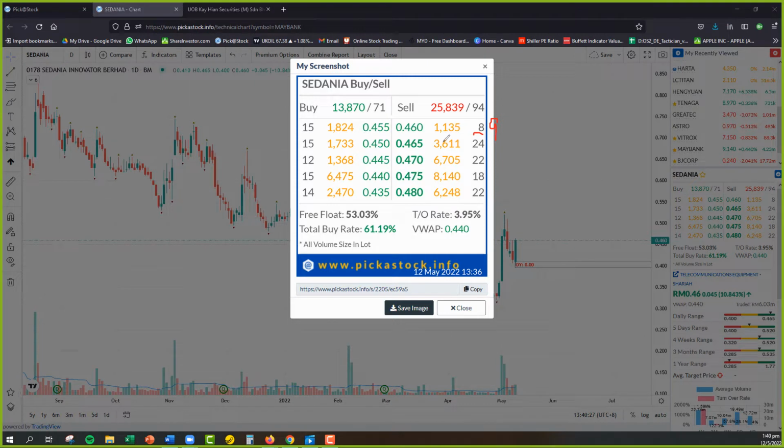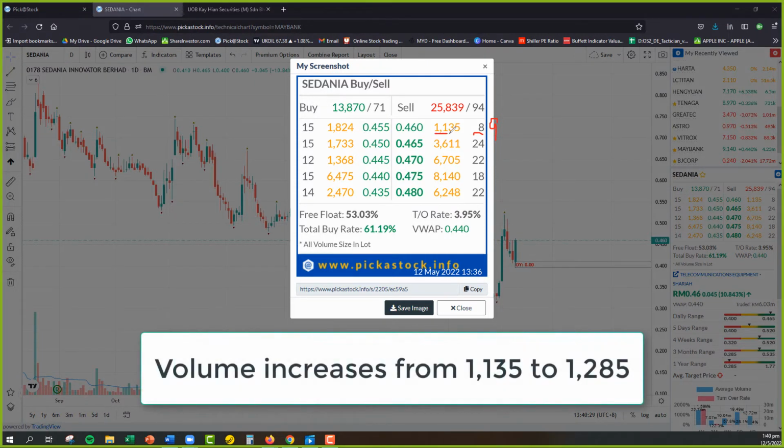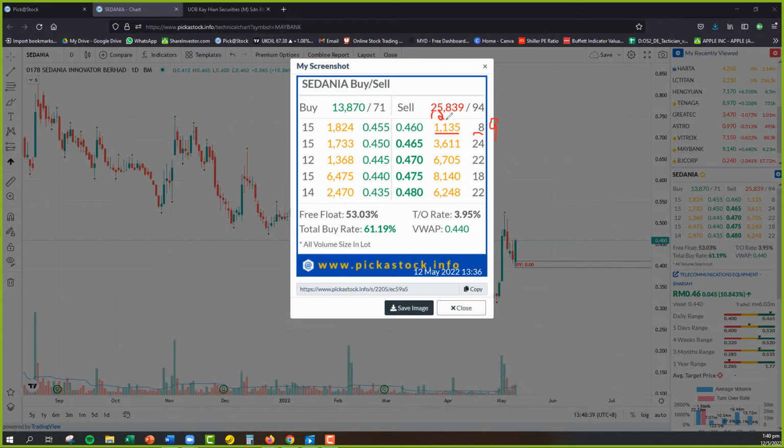And then the total volume of this particular yellow number here would become 1135 plus 150, which is 1285. Pardon the lousy writing, but the point is that everyone knows in this particular market that there is one additional seller that comes in with a 150 lot sell order at 46 cents.